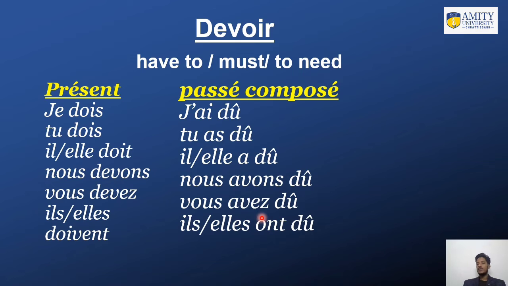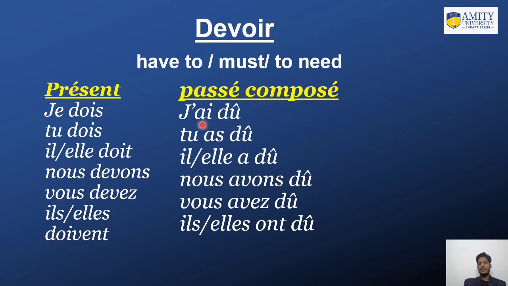Why? In French most of the verbs go with avoir except 14 verbs and their prefixed forms. Devoir is not one of those 14 verbs, that's why this verb goes with avoir.